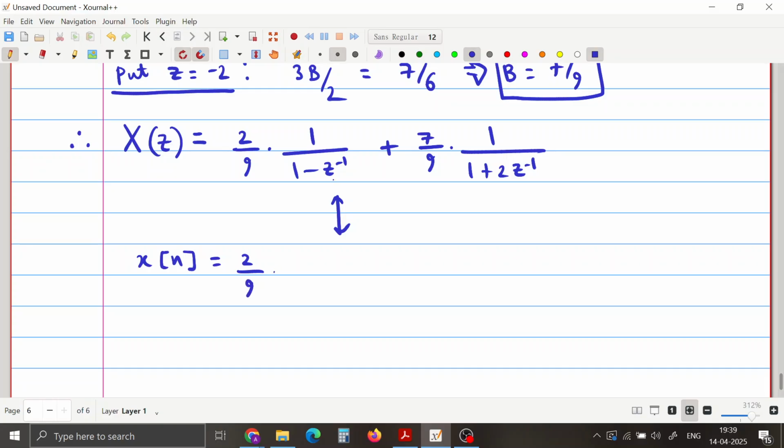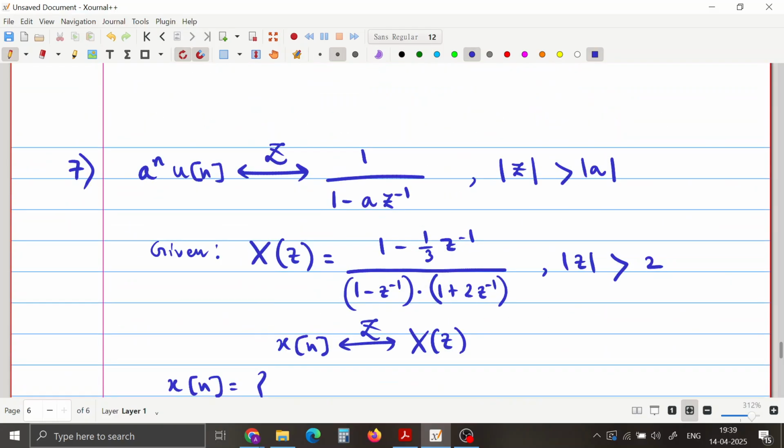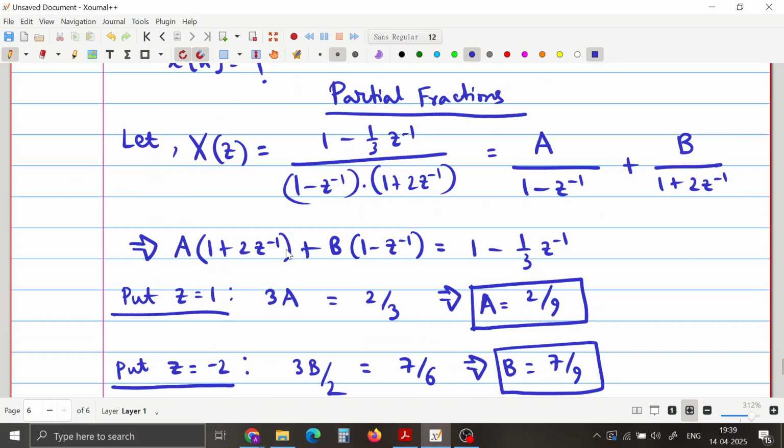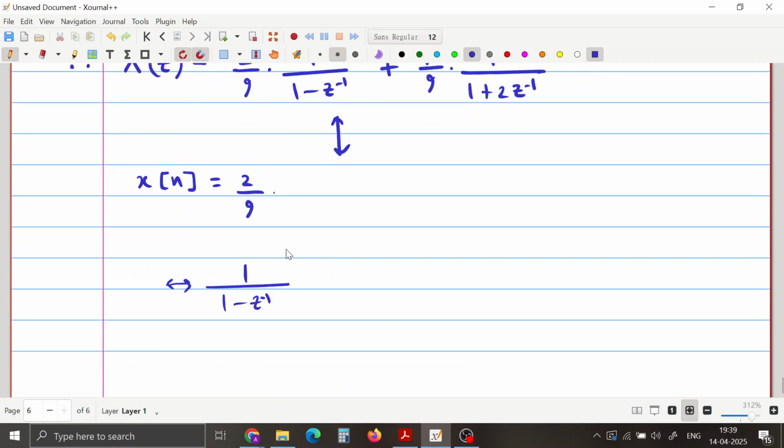Here 1 by 1 minus z inverse, so the a term is 1. If you compare with that form, 1 by 1 minus a z inverse, this a term is 1 here. So this will have a to the power n u of n becomes 1 to the power n u of n, which is simply u of n, right?